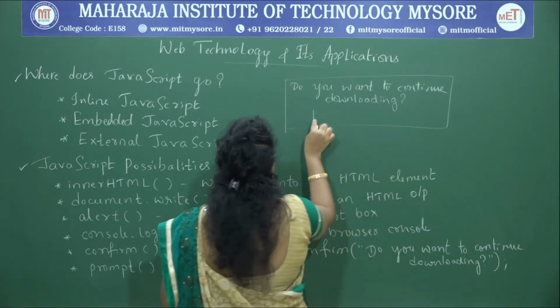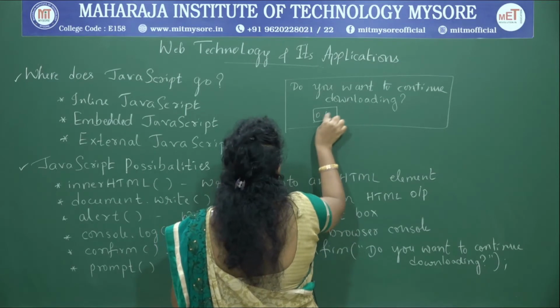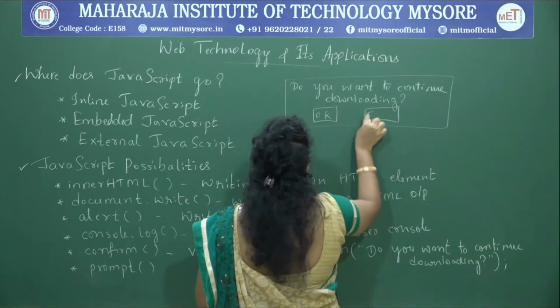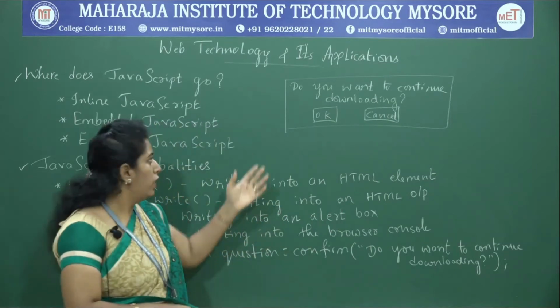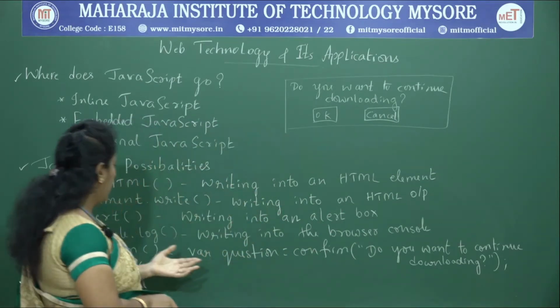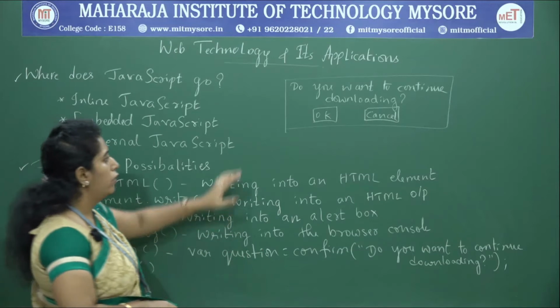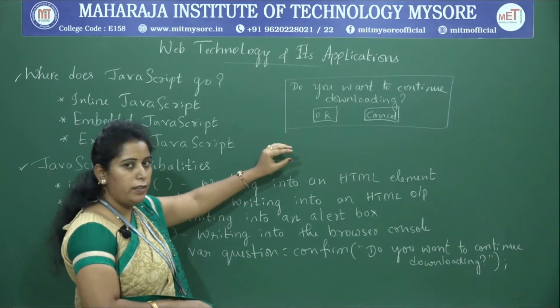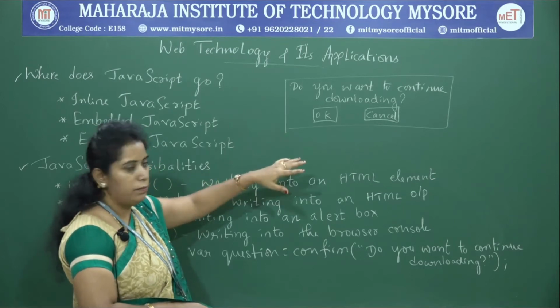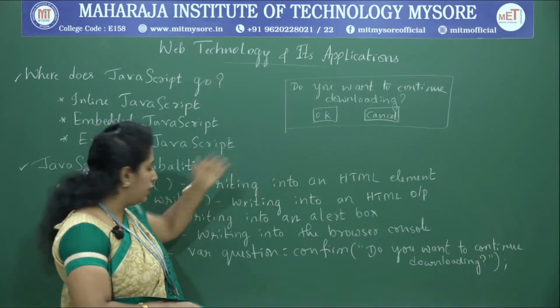So you will get two choices, OK and cancel. So this is how you can make use of a confirm for performing interaction. Either OK it considers, cancel means it will not be considered.